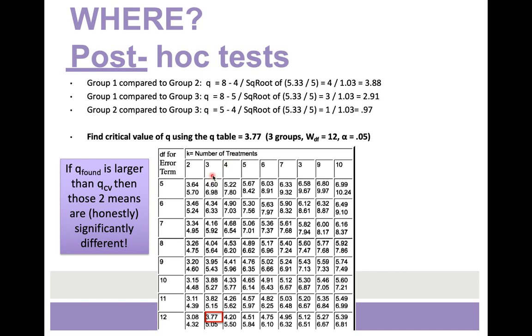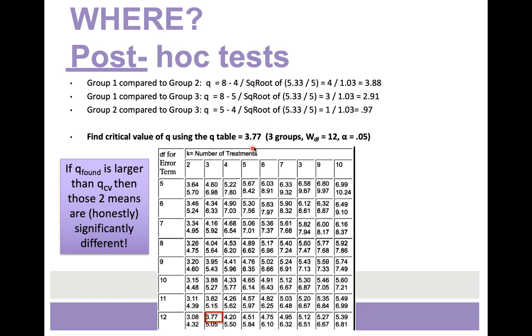We found our number of treatments, which is 3. This gives us this particular cell to work with. On the top is our critical value if our alpha is 0.05. On the bottom is if our alpha was 0.01. In this case, we're going to say that our alpha was 0.05. So 3.77 is our critical value.